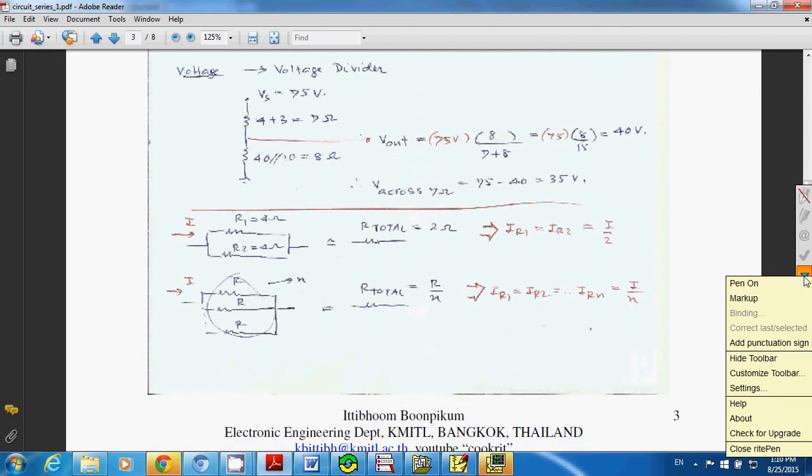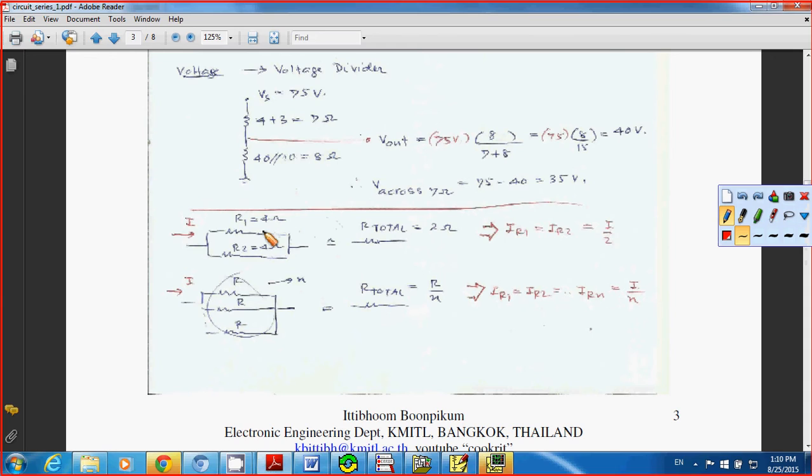Well, when you have resistors in parallel, in this case I have 4 ohms and 4 ohms, they are equal. You're going to have R total to be half of what you have here, so it becomes 2 ohms, and then the current flowing to each resistor is going to drop to half of the incoming current.